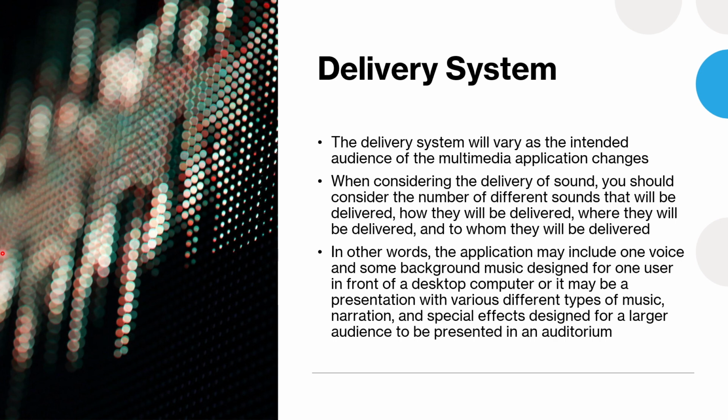The delivery system will vary as the intended audience of the multimedia application changes. So when considering the delivery of the sound, one should consider the number of different sounds that will be delivered, how they will be delivered, where they will be delivered, and to whom they will be delivered.